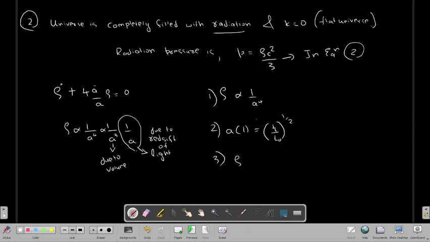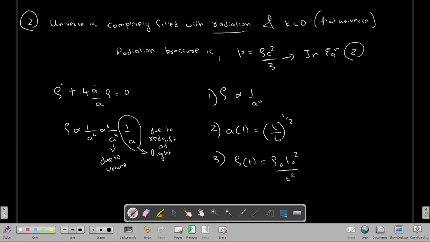So this will be equal to rho 0 into t0 square by t square.